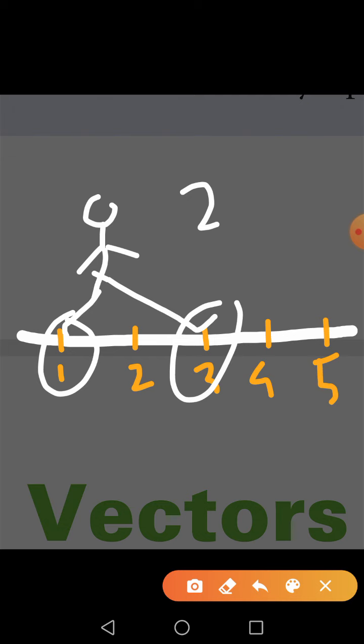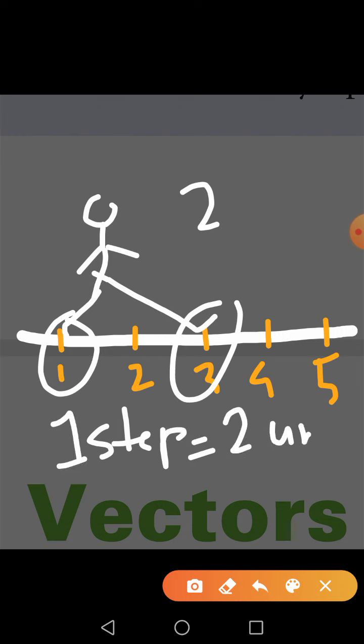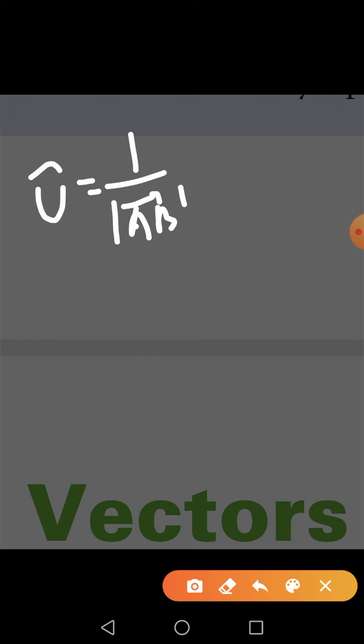Okay. So here we will say one step would be equal to 2 units. And how do we find the unit vector once again? Unit vector is equal to 1 by magnitude of the vector or length of the vector multiplied by the vector itself. Okay.